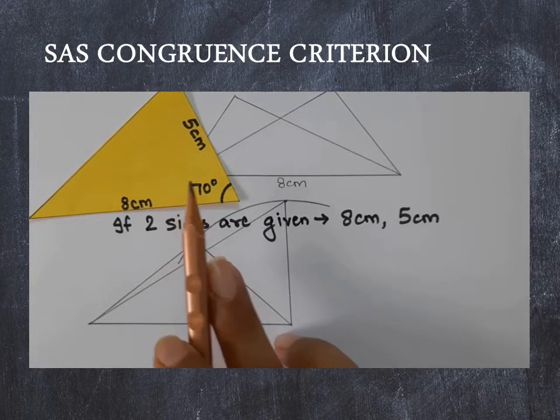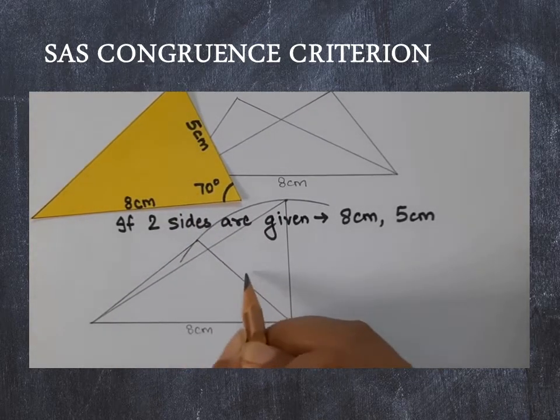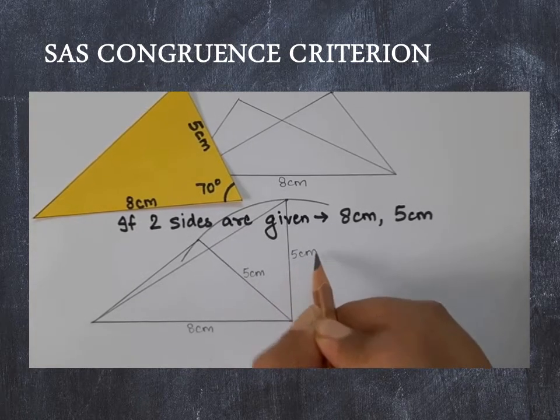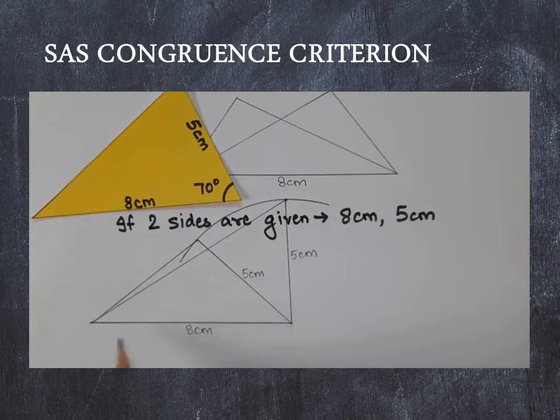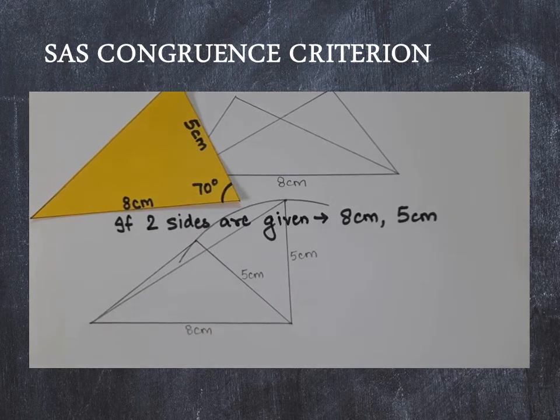So if I say that the two sides of the triangles are equal, 8 centimeter, 5 centimeter, 8 centimeter, 5 centimeter, on the basis of two given sides, I will not be able to say that the triangles are congruent, because this is not a sufficient condition. I am getting triangles which are not congruent to the given triangle. Why? Because the angle also has to be fixed.